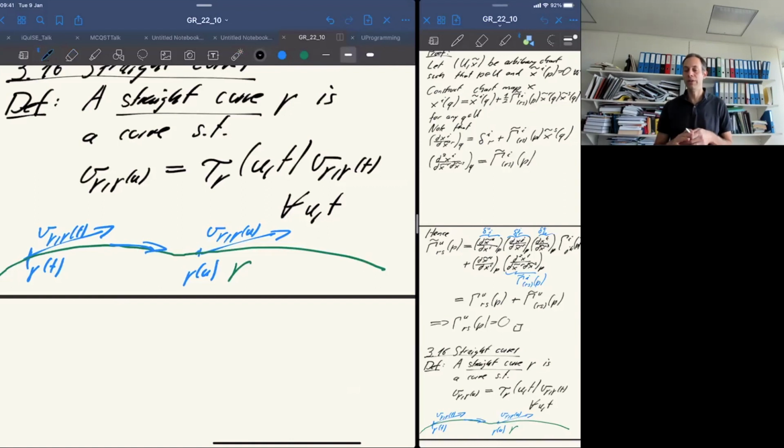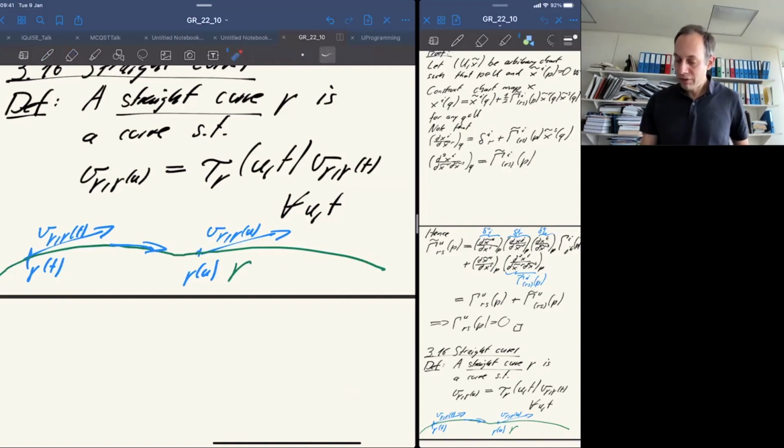The only thing we know is what it means that a vector stays aligned in the same direction. That's the parallel transport. That's the structure we impose. And now we just say if the direction of how we walk always stays in the same direction, then that means we walk straight. That's kind of intuitive.